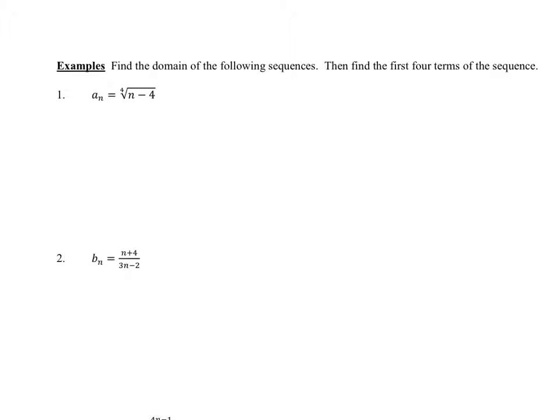But for something like these examples here, finding the domain of a sequence, remember the idea is that it defaults to the positive integers. So once you have that in mind, the only thing you're looking to do is restrict those positive integers, if applicable, right?